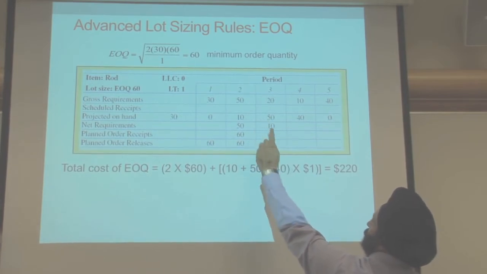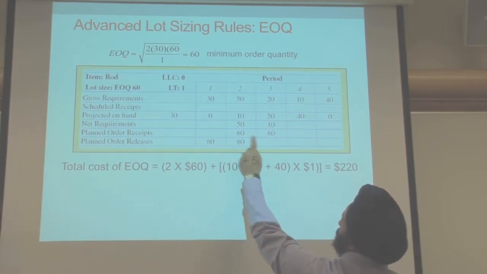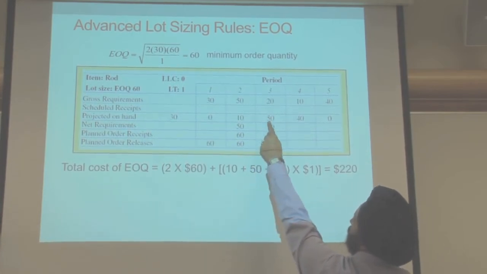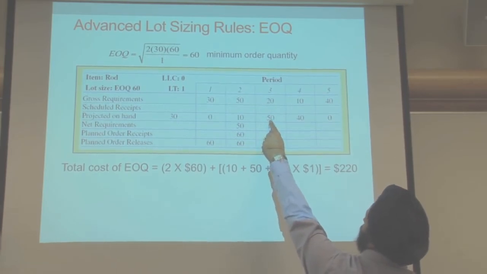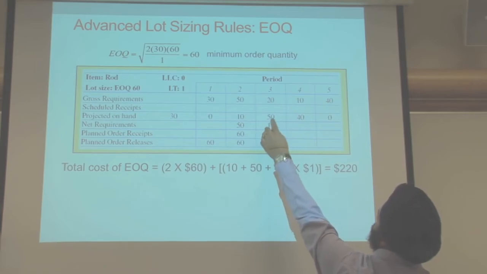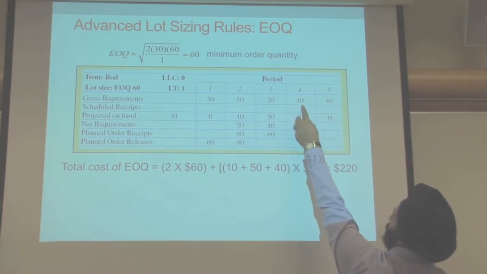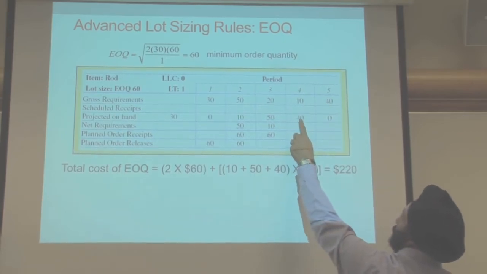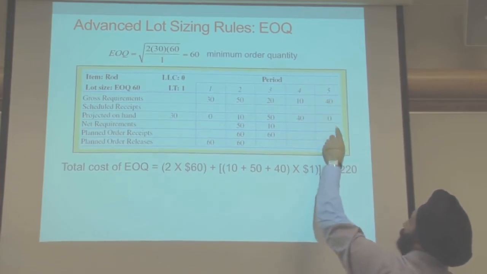And then 60 minus 10 will give you the 50 projected on hand. Next period, out of this 50, you consume 10 in the gross requirement. You're left with 40, and that 40 is used up in the final period.